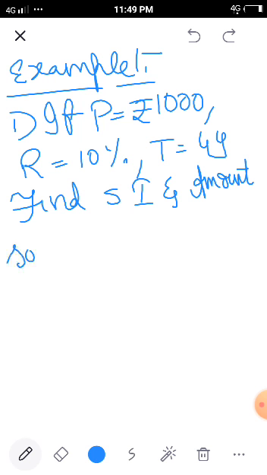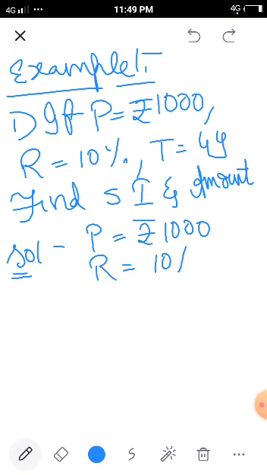Solution. Whatever is given, we have to write down first. Principal is 1,000 rupees. Rate of interest is 10 percentage. Time period is 4 years.